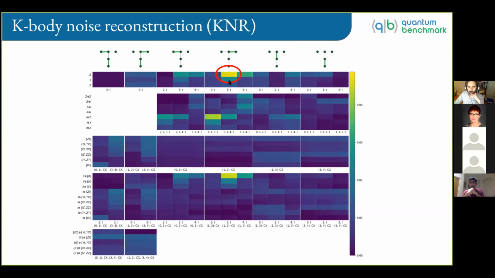Now you talked about error models. This doesn't really tell you the error model directly. It tells you which errors are happening in this twirling process. Yeah, but it seems that you can extrapolate a little bit further and actually use it to discover the underlying error model in your device.